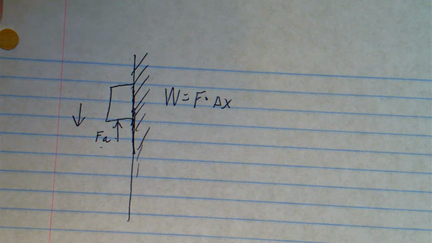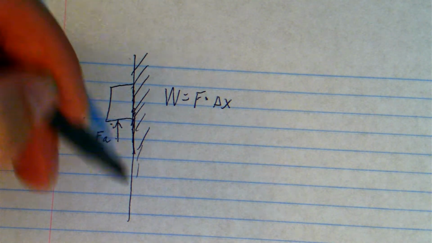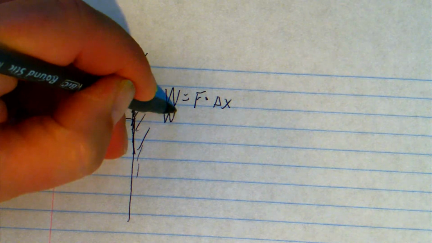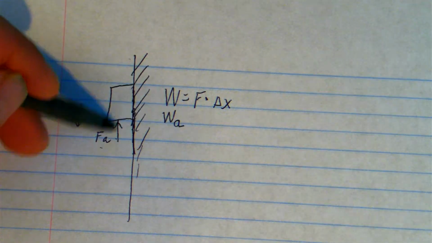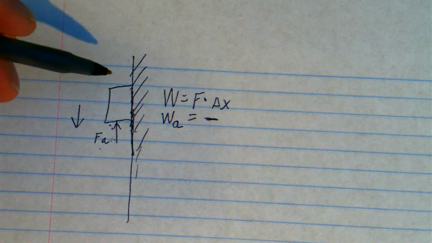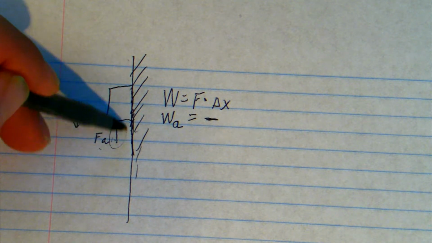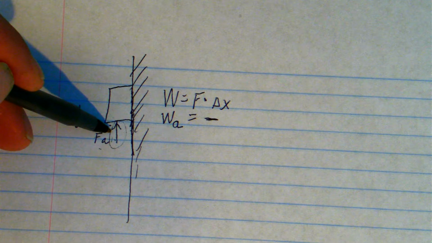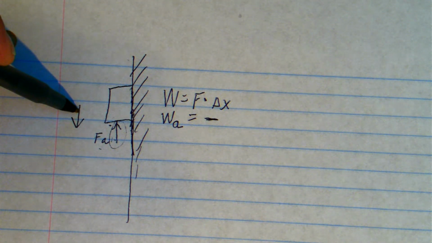So in this problem, given that work is F dot displacement, the work done by me, and I'll call that A for applied force, would be negative, because while I'm pushing up on the box, it's actually moving downwards.